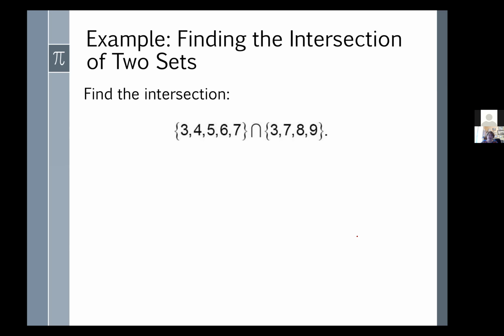That is correct. They both have a 3. They don't both have a 4. They don't both have a 5. They don't both have a 6, but they both have a 7. So the intersection of these two sets is the set that consists of the two elements 3 and 7. So that's an intersection. It's the elements the two sets have in common.